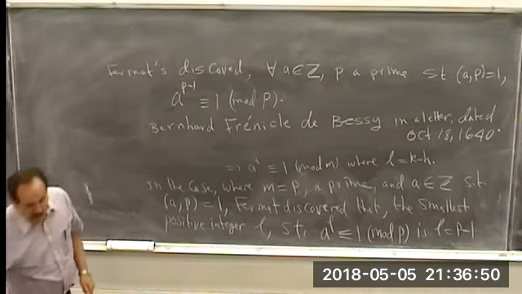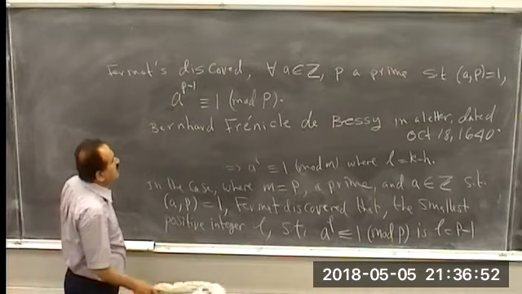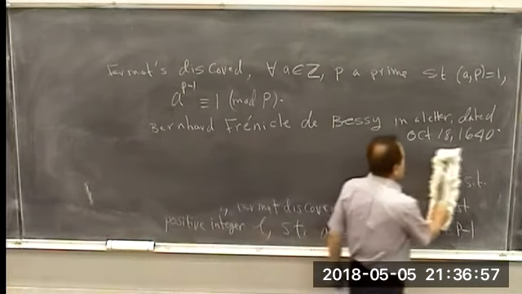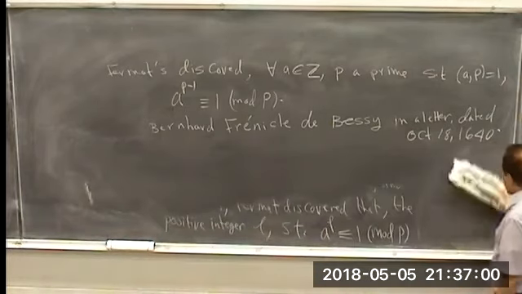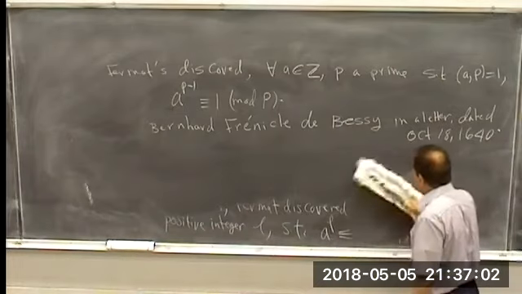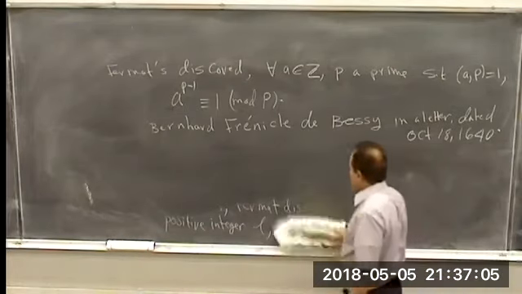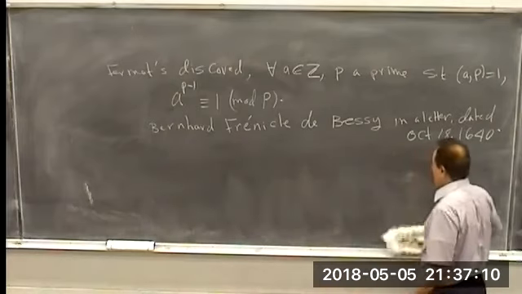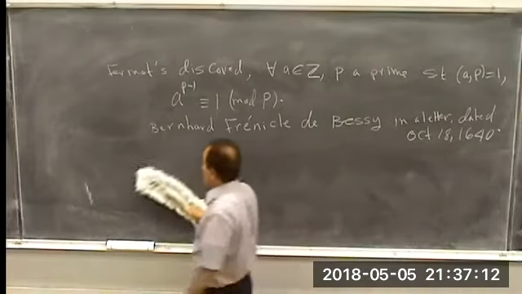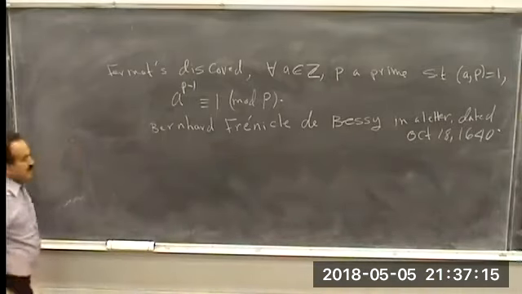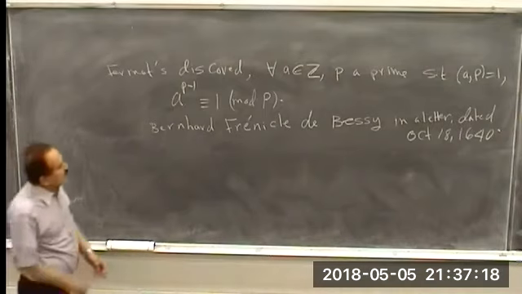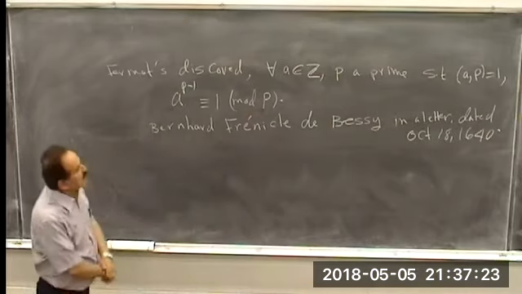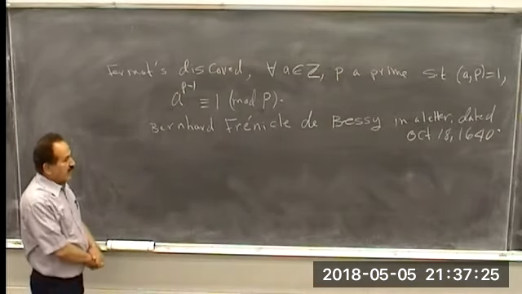The first proof of this theorem, which became known as Fermat's little theorem, was given by Euler. And Euler not only proved Fermat's little theorem, which later on became, if you wish, Fermat's conjecture, but he generalized it for a modulus that is not just a prime, for composite moduli.